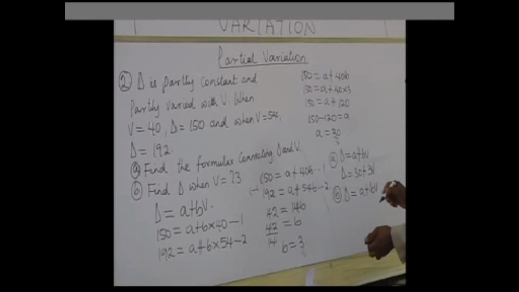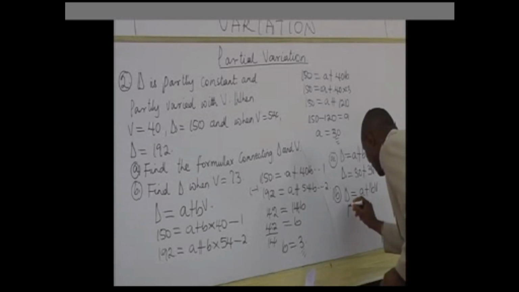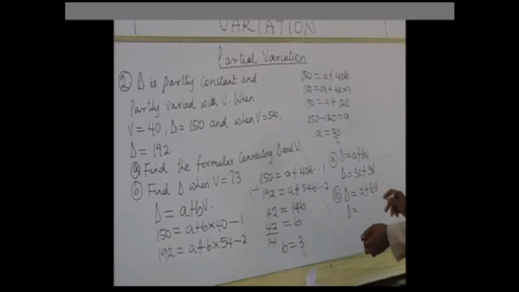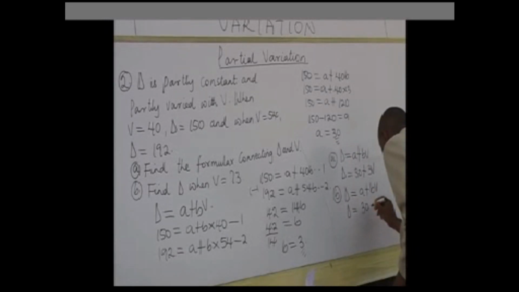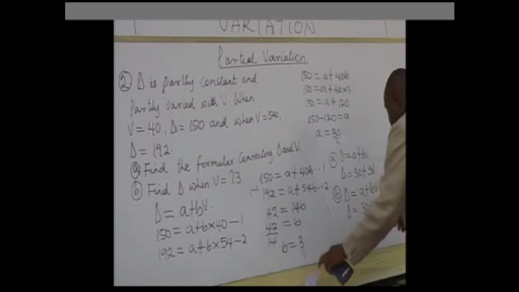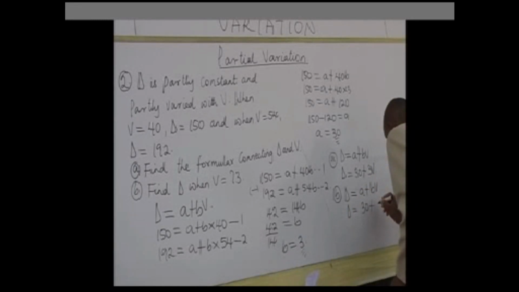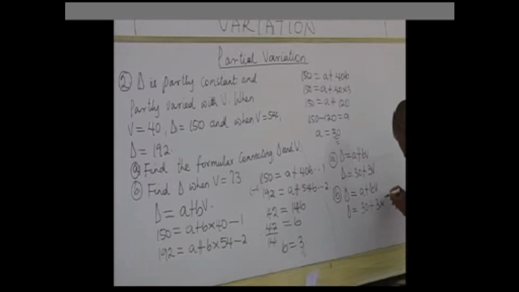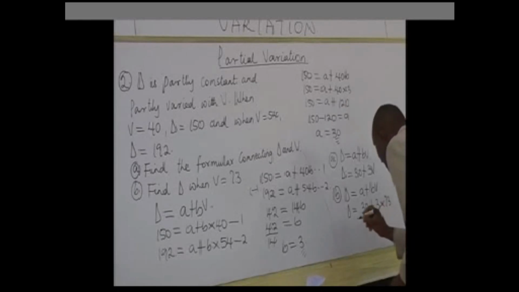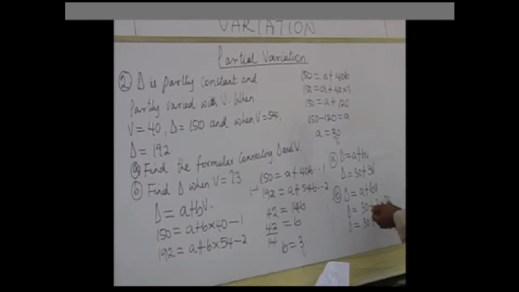We should find the value of D. Okay, bring down D. D is equal to A is 30, so we have 30 plus B is 3, so we have 3 times V. They say when V is 73. So we have 73. That means our D is going to be equal to 30 plus, let's multiply 3 and 73.